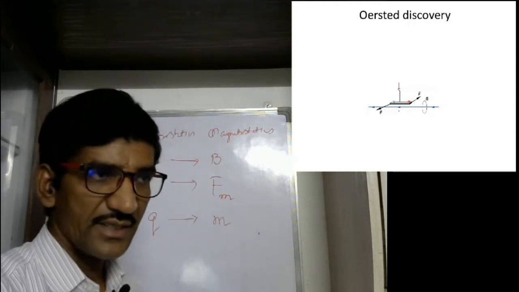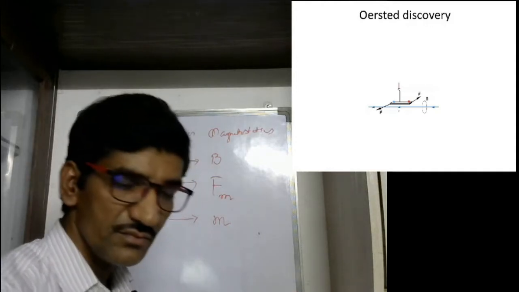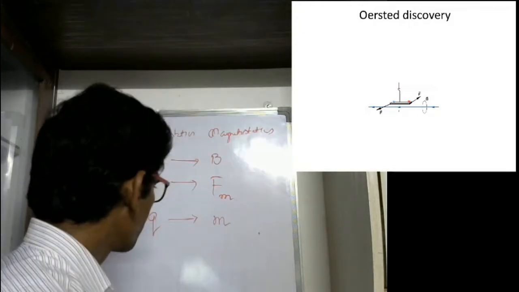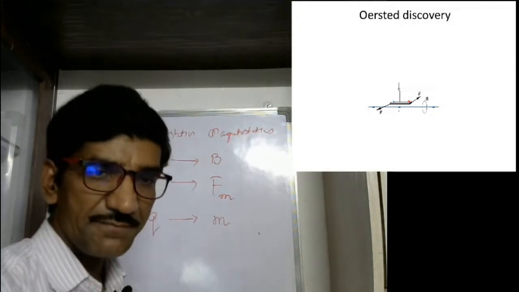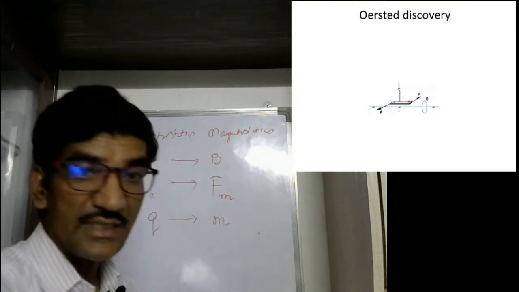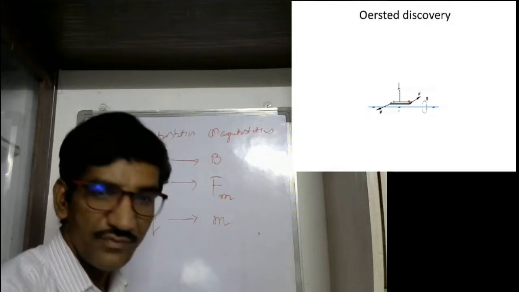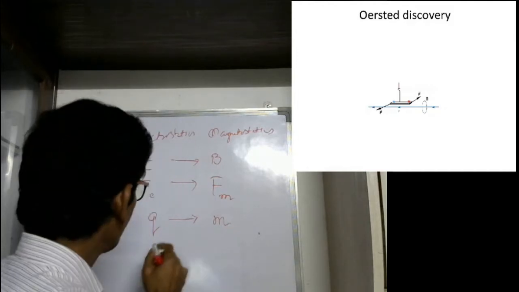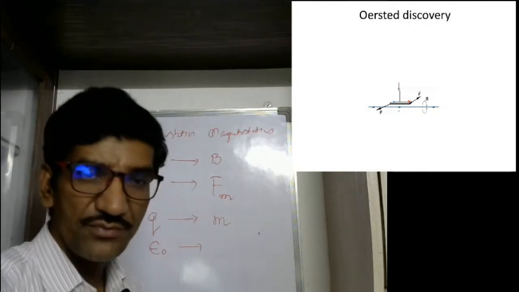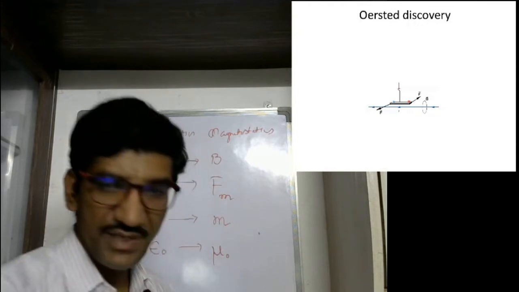We are creating magnetic fields through the current. Next, in electrostatics you have the permittivity of free space. In magnetostatics you have the permeability of free space.